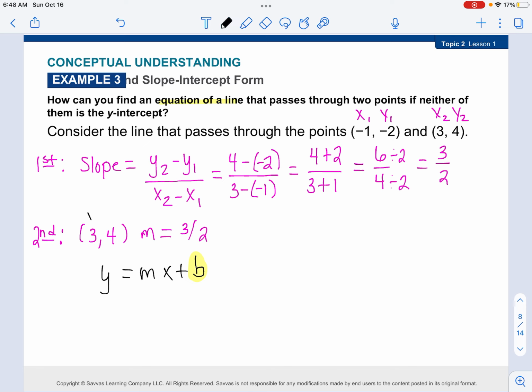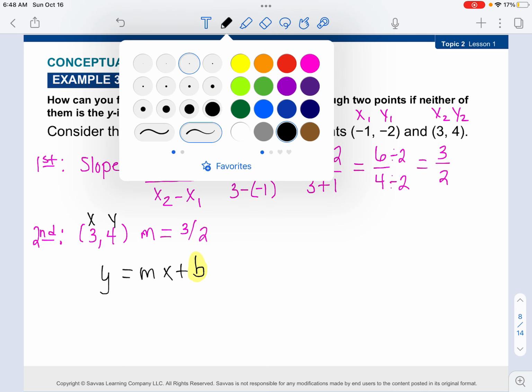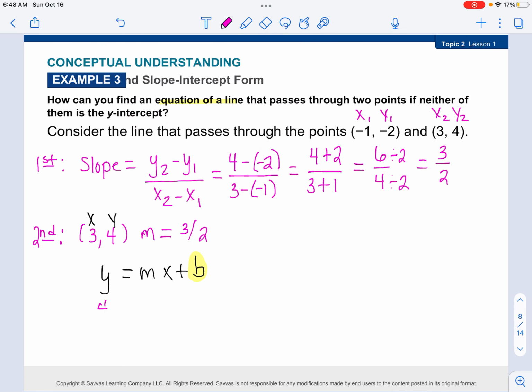Okay, so 3 is your x, 4 is your y. Substitute, so we have 4 equal to 3 over 2 x, which is 3, plus b, and then we'll simplify. So 4 is going to equal 9 over 2 plus b, and we'll subtract 9 over 2 on both sides.